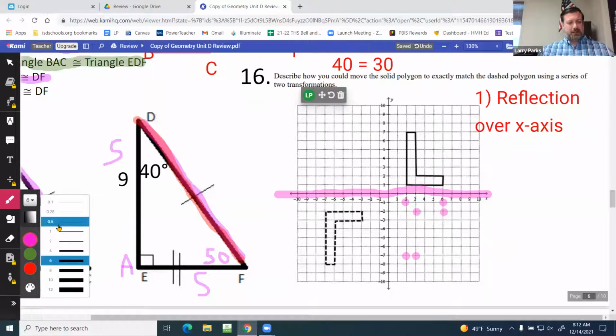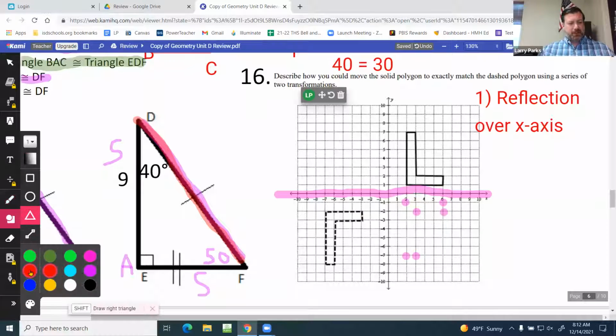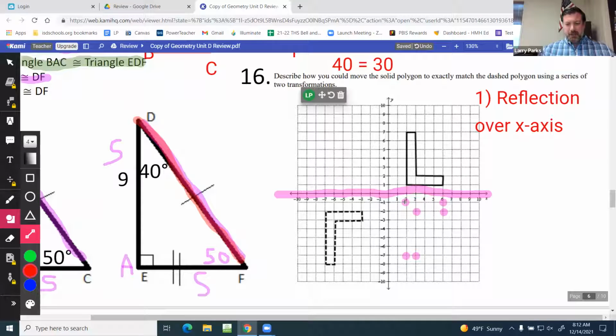Now, if I wanted to draw a quick picture, I could. Oh, I was drawing a triangle. So a quick picture, I got this. Rough sketch.